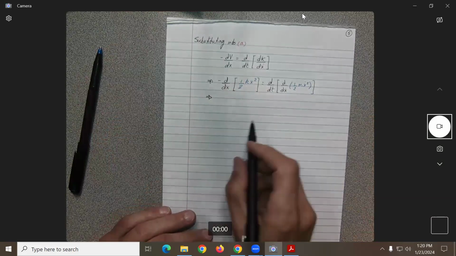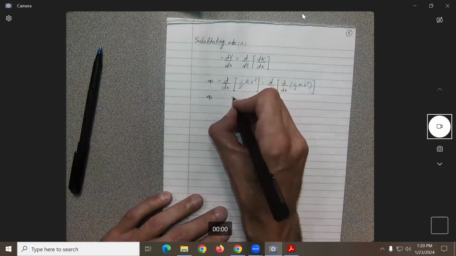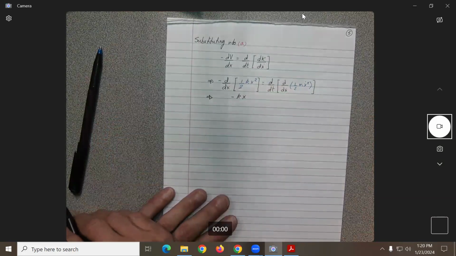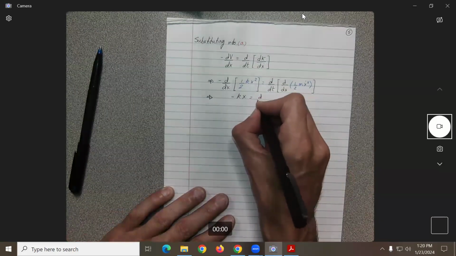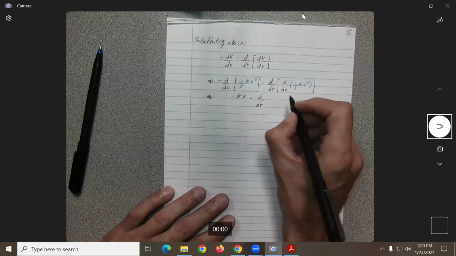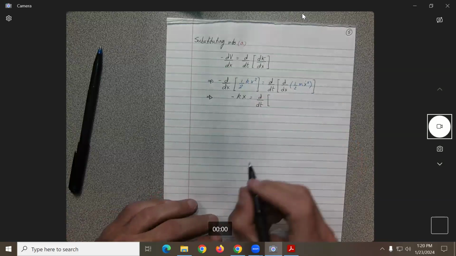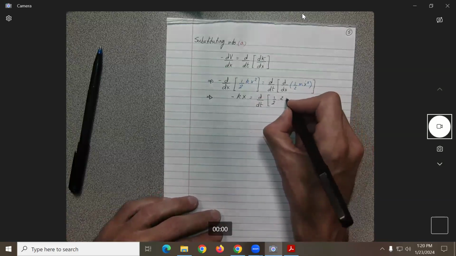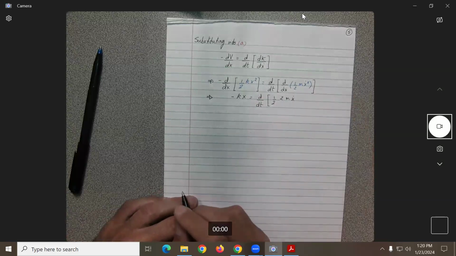So the first term will give you what? You will get minus kx, no? Will be equal to what? d/dt of what? One half times two m x dot, no?